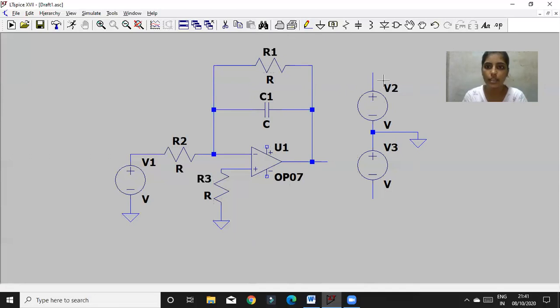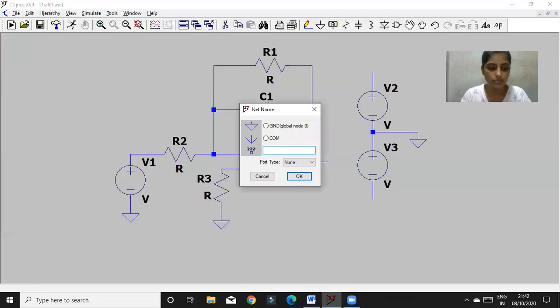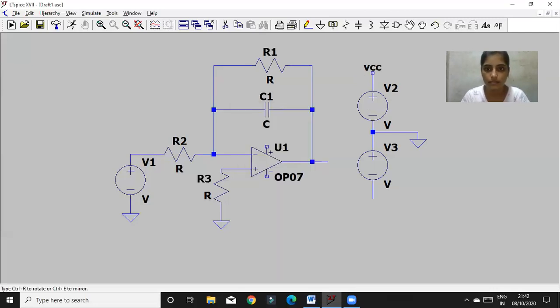Now I'm going to label it. Here I'm labeling VCC. I forgot to connect here.